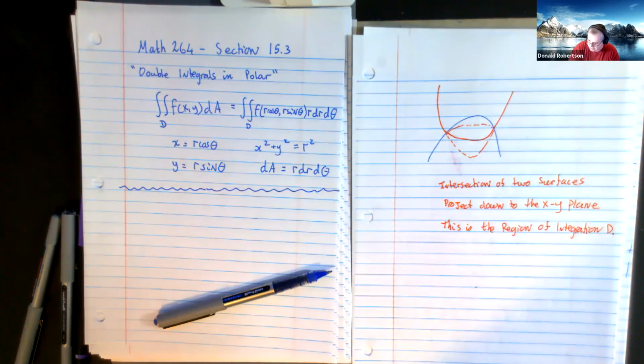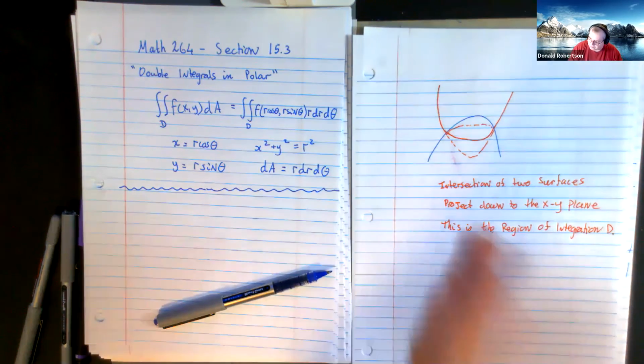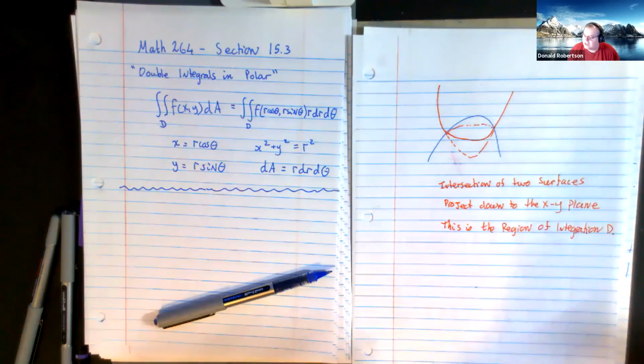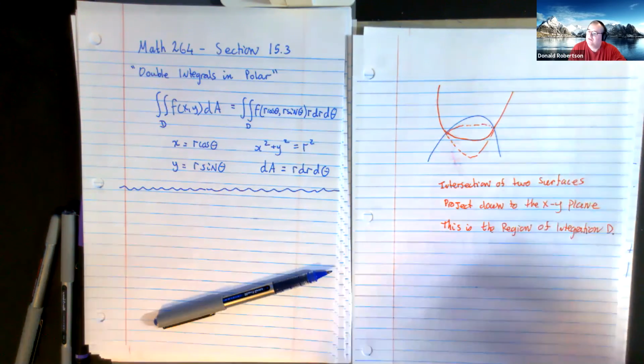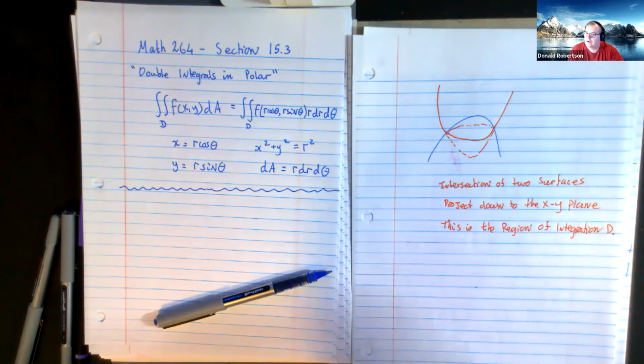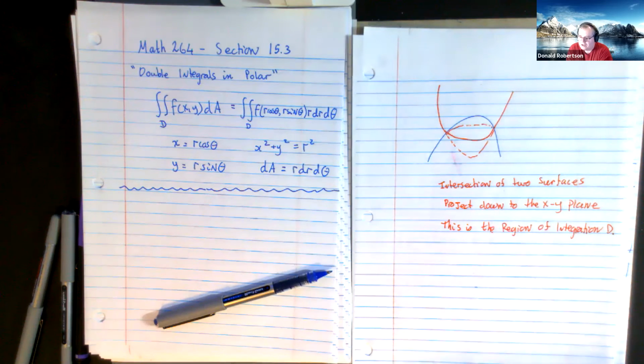A solid region that's the intersection of the first surface and it's inside the other one, right? It's a bit like the area between 2 curves in Calc 2, but it's the volume of a solid, which is the intersection of 2 surfaces. And that ends up being a double integral. And what I want to show you is an example of that.